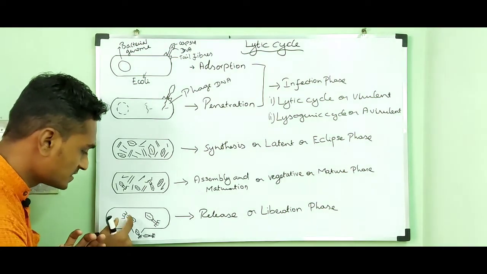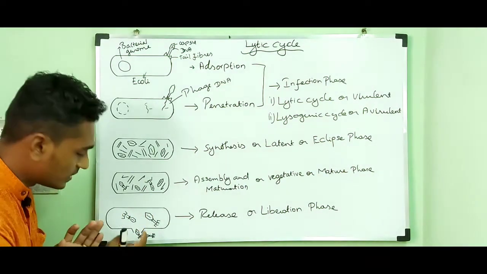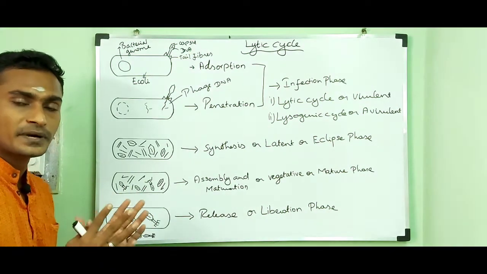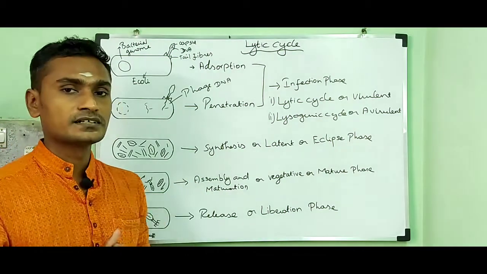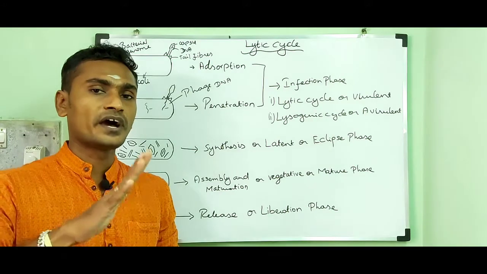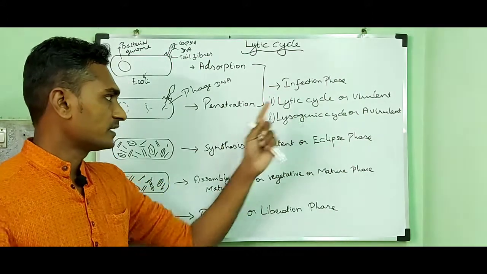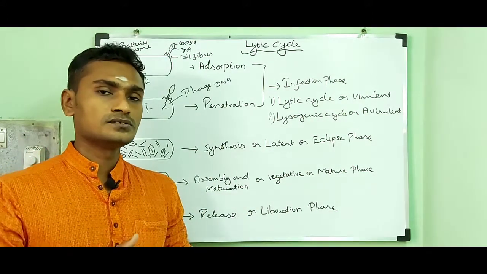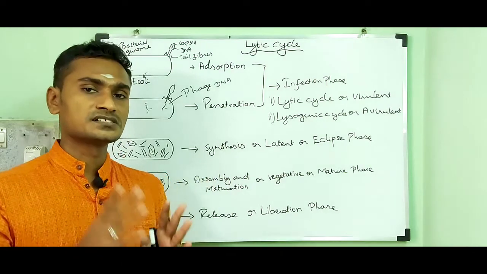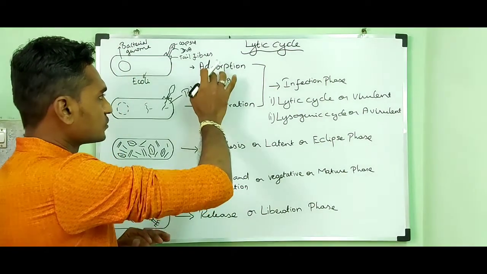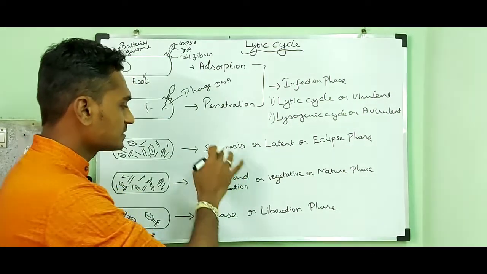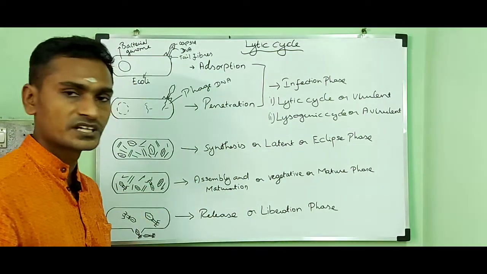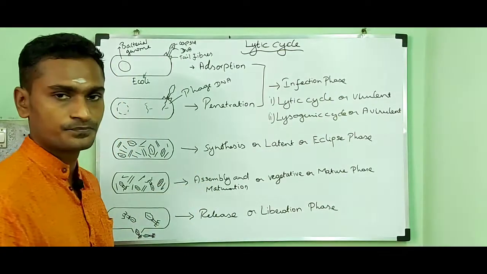The lytic cycle involves 5 major steps. They are adsorption, penetration, synthesis, assembly and maturation, and release.